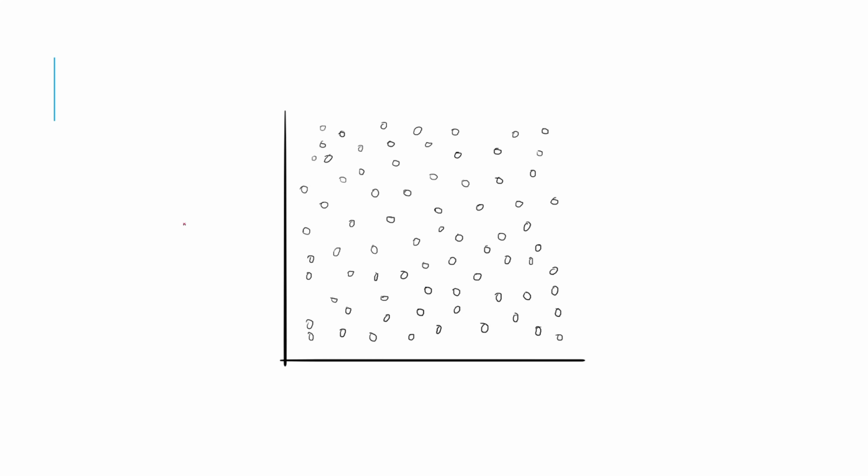So again, let's say we have this training data. We don't know the cluster assignments yet, and we also don't know the cluster centers yet. We start with a guess of the cluster centers. So let's say our red cluster center is here and our blue cluster center is there.